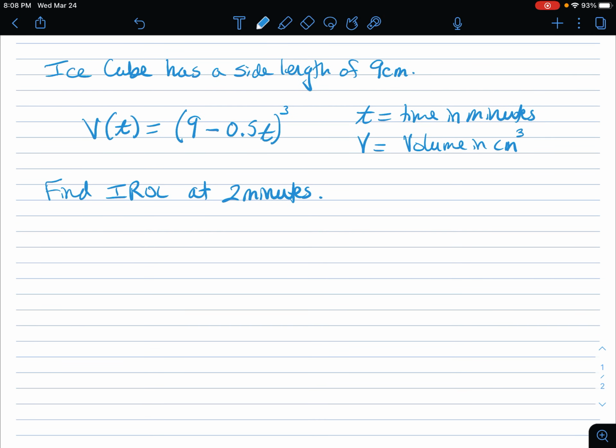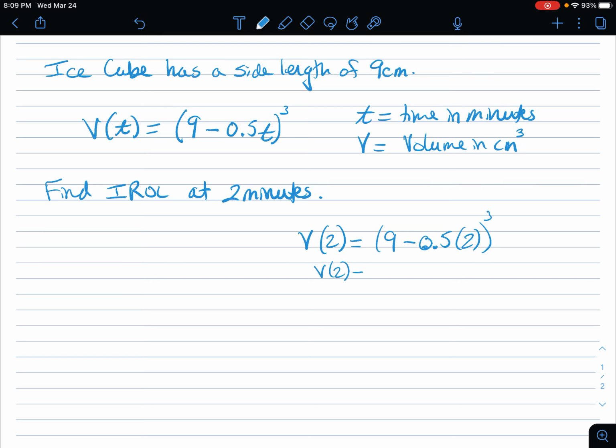So let's first find what the volume is going to be at 2 minutes. Let's look at V of 2, and we have 9 minus 0.5t, cubed. I have to put that t value in there. When I plug that in, I get 512.